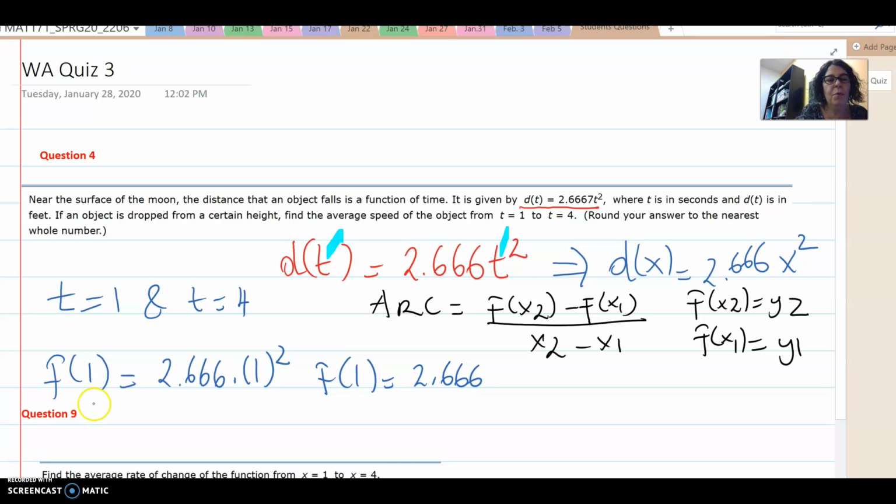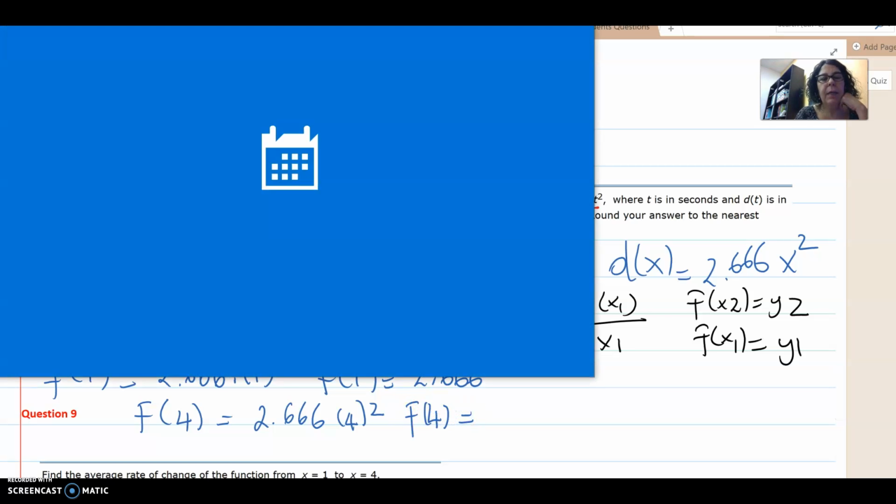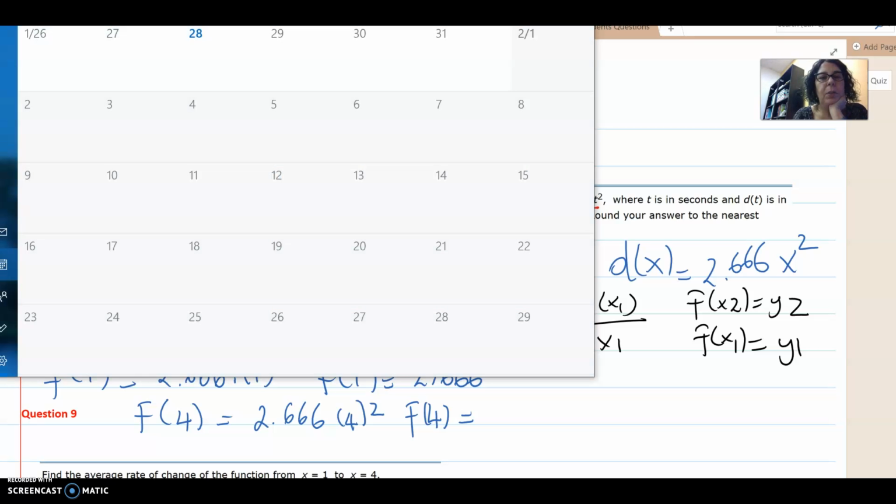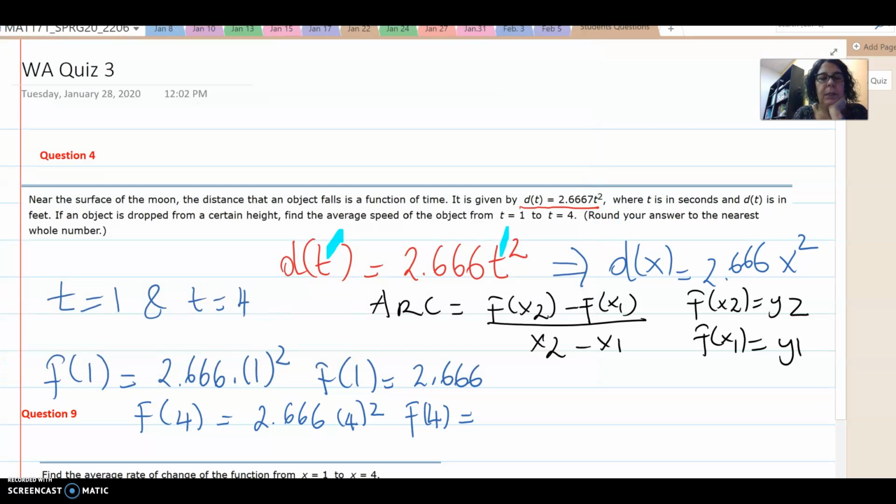f of 4 will be equal to 2.666 times 4 squared, right? Oops, sorry, that should be outside. 4 squared is 16. Then f of 4 will become, I'm going to pull out my calculator. No, this is calendar.